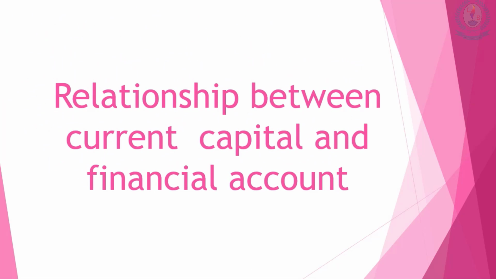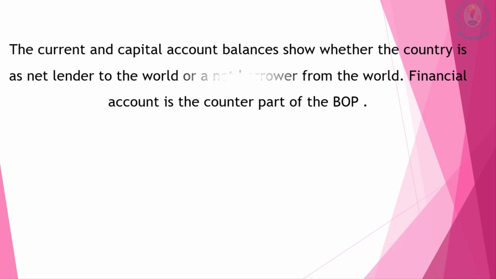Let us now look at the relationship between current, capital and the financial accounts of the balance of payment. The current and capital account balances show whether the country is a net lender to the world or a net borrower from the world.